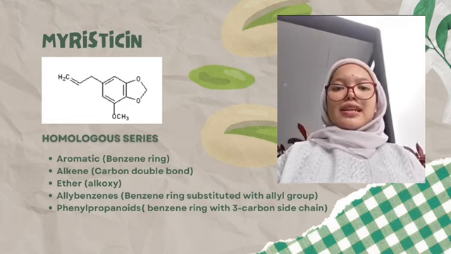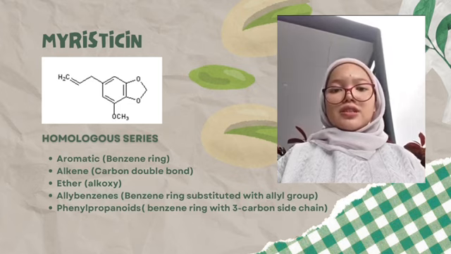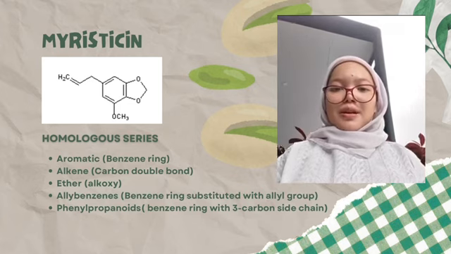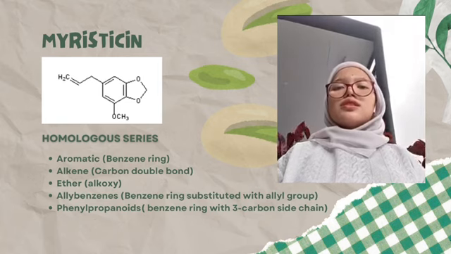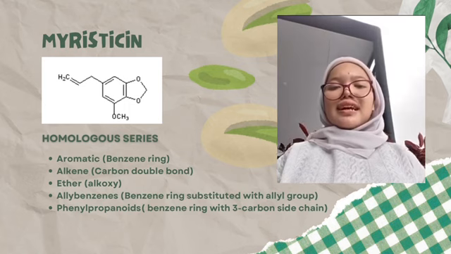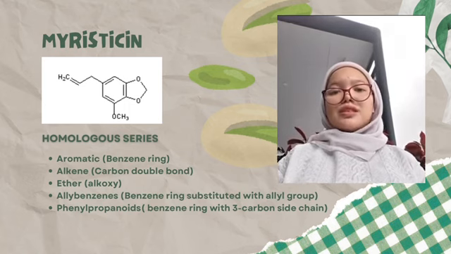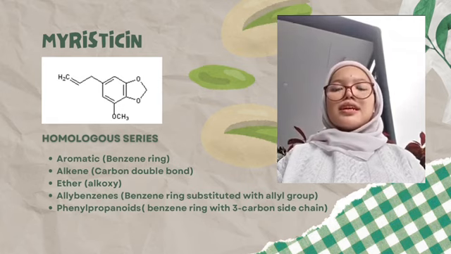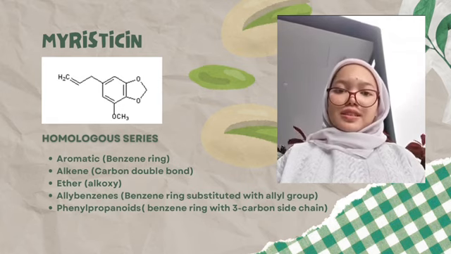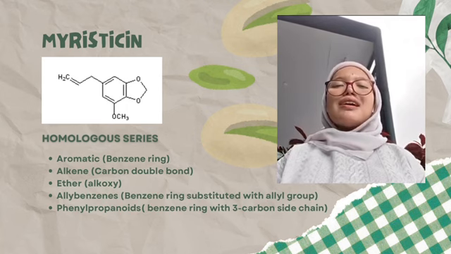Myristicin also has an ether functional group shown by the alkoxy group attached to the benzene ring. Additionally, it belongs to the alkylbenzene family because the benzene ring is substituted with an alkyl side chain. Lastly, it is classified as a phenylpropanoid, which means it has a benzene ring attached to a three-carbon side chain. These structural features explain the chemical properties and biological activity of myristicin.